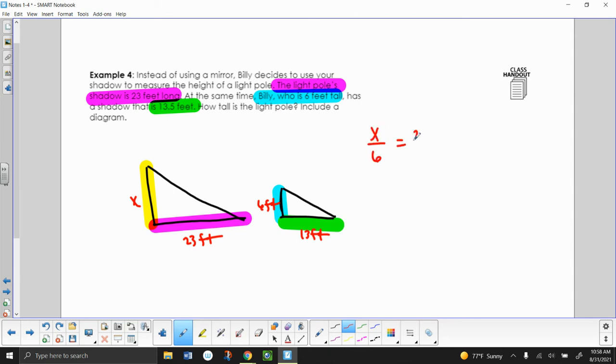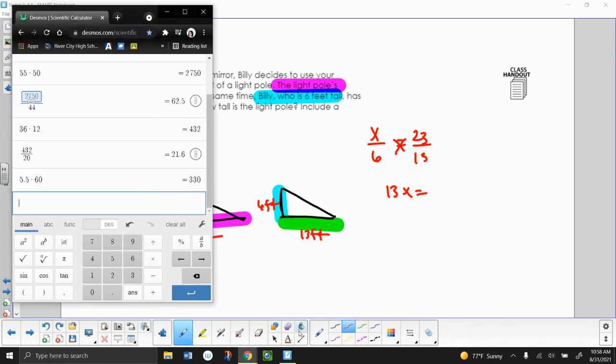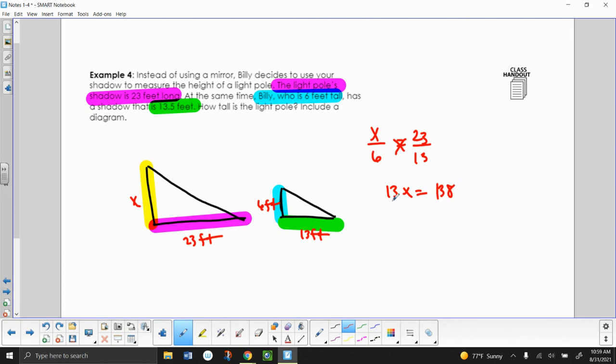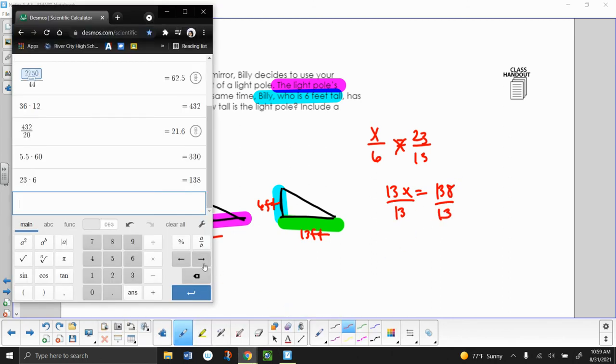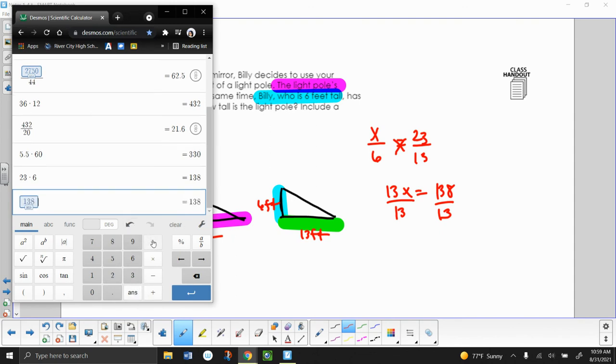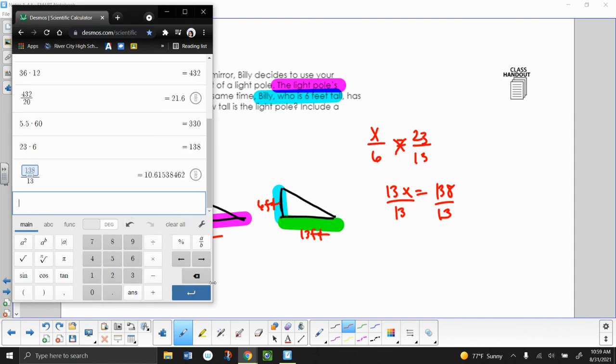X over 6 equals 23 over 13. And we're going to cross multiply. So 13x equals 23 times 6, which is 138. And divide both sides by 13. Hold on, something seems wrong.